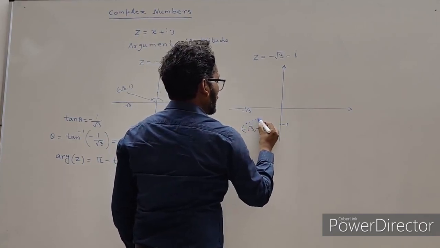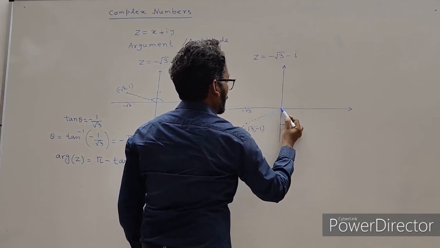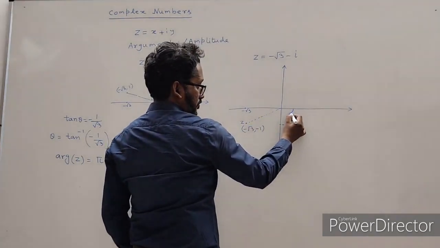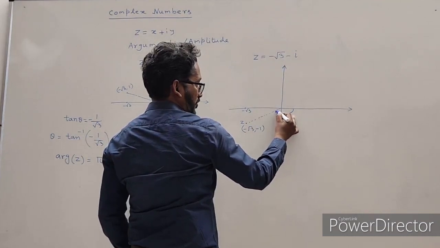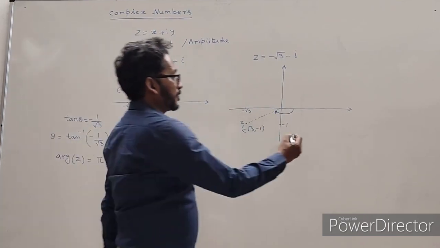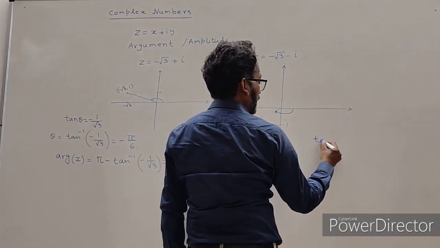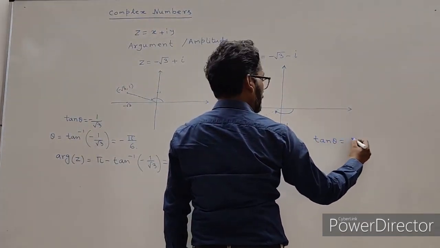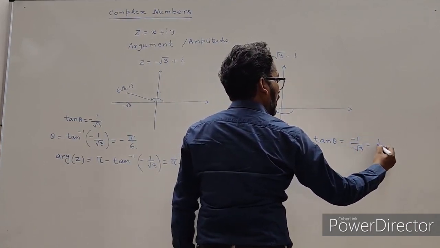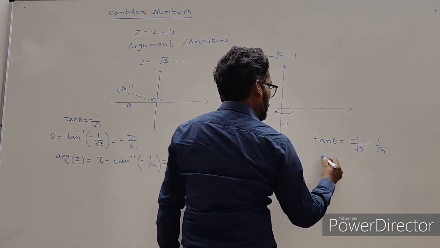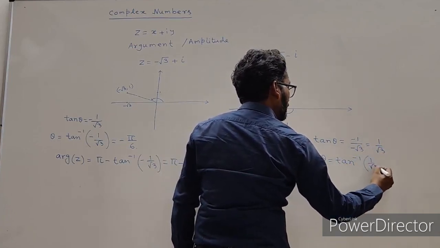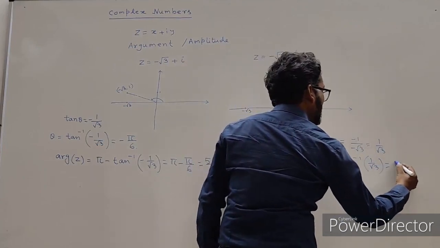Now if I join z with the origin, which angle will give us the argument? This angle. So in this case, if you calculate tan theta, your tan theta should be minus 1 by minus root 3, that is 1 by root 3. So theta should be tan inverse of 1 by root 3, that gives you pi by 6.